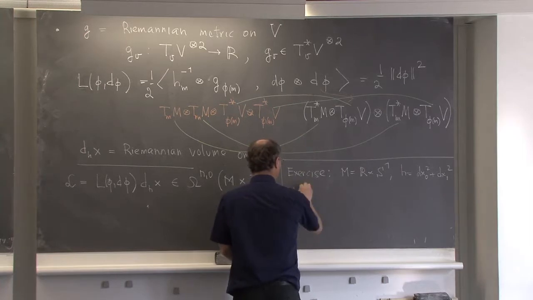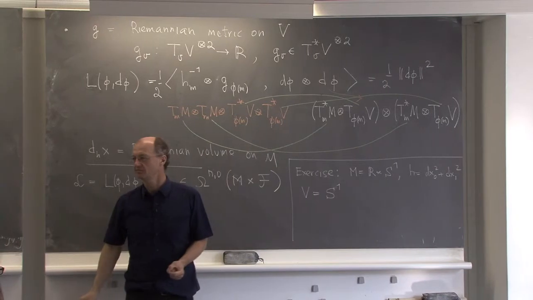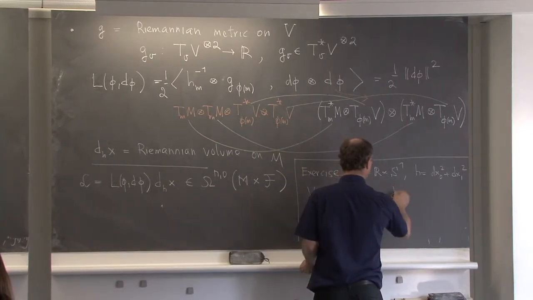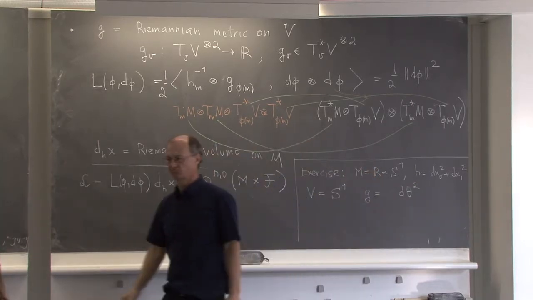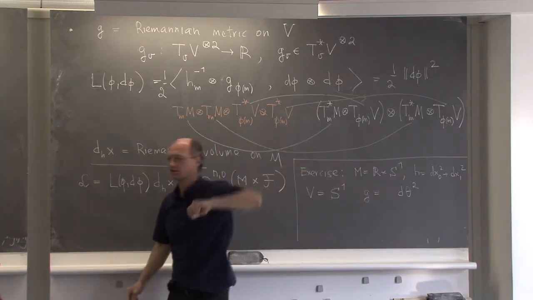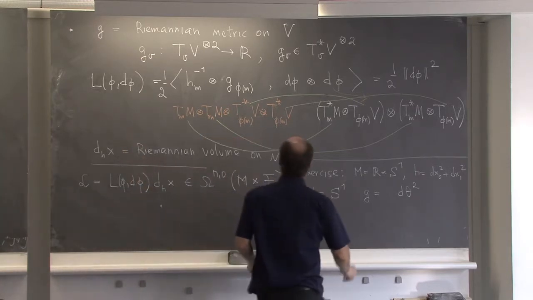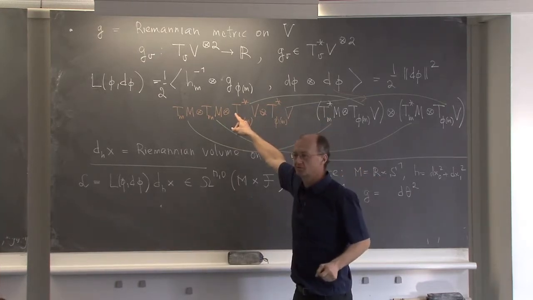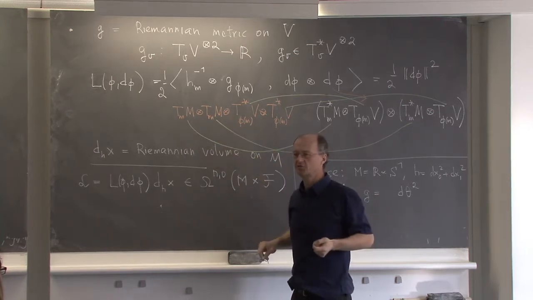Now we take V to be also S1. And we take G to be d theta squared. Theta is a natural coordinate on S1, just take this metric. Now suppose you load this data into this expression. So the question is, what do you get? Do you get the expression I started with?